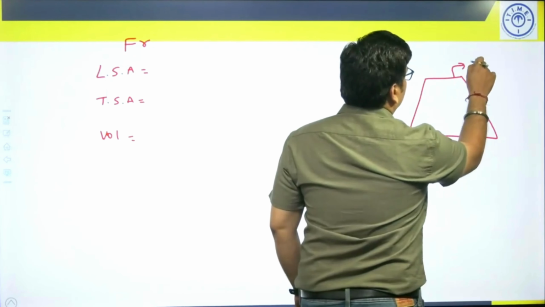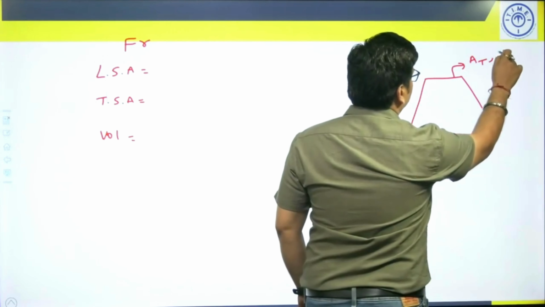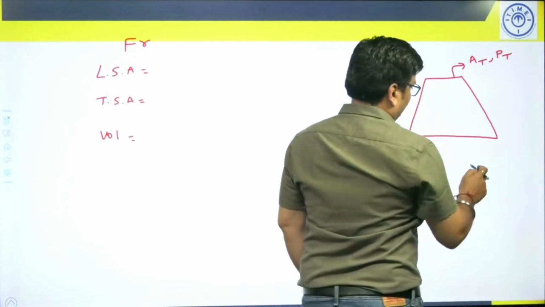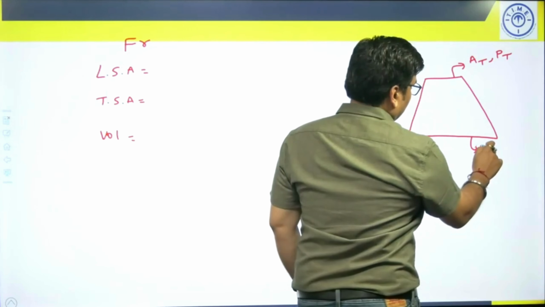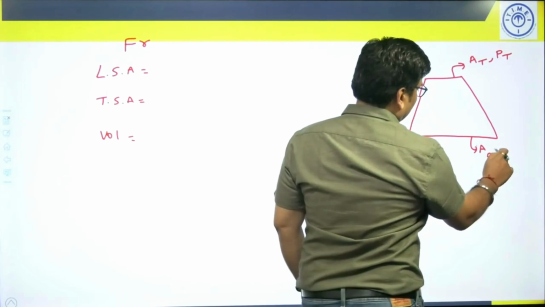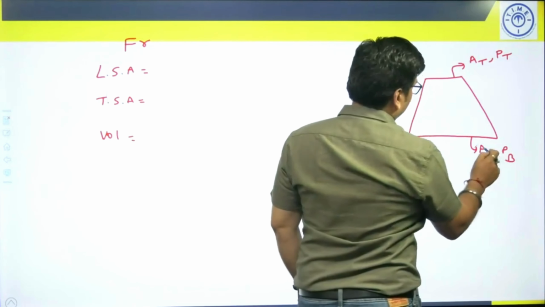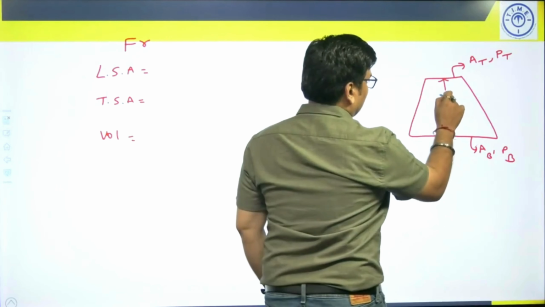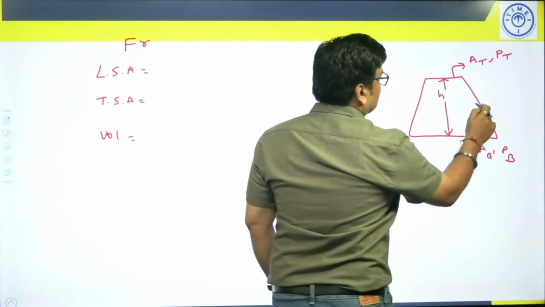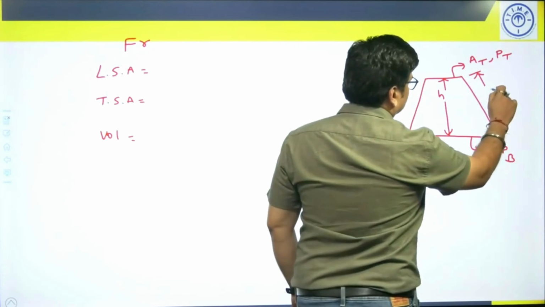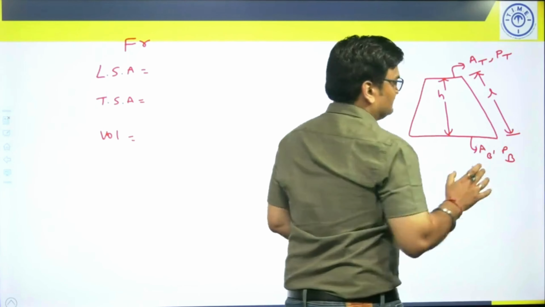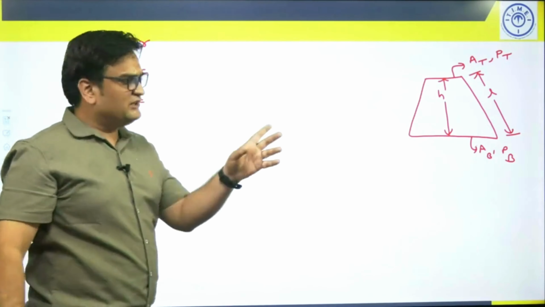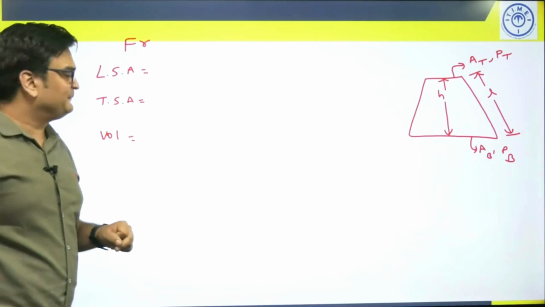Imagine for the top, area is AT, perimeter is PT. For the bottom, area is AB, perimeter is PB. Say height of the frustum is H, slant height is L. These are some common dimensions that I will be using for writing down this formula.